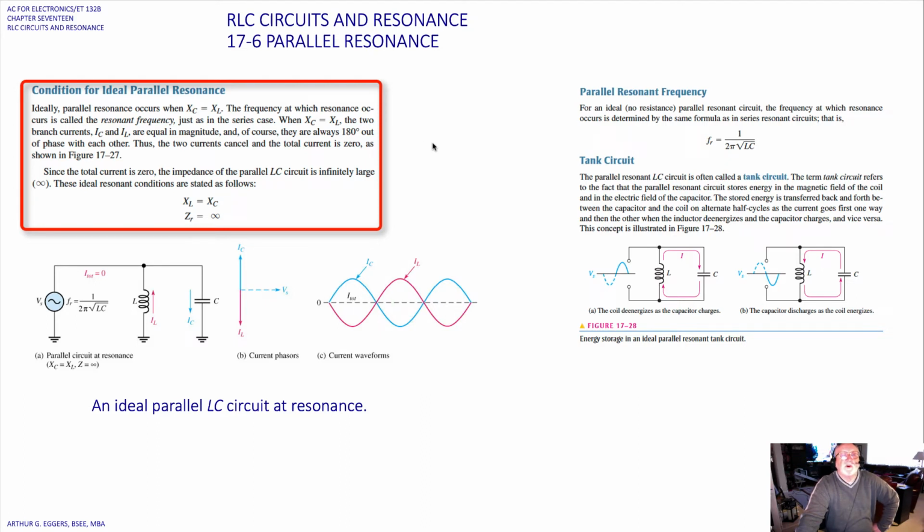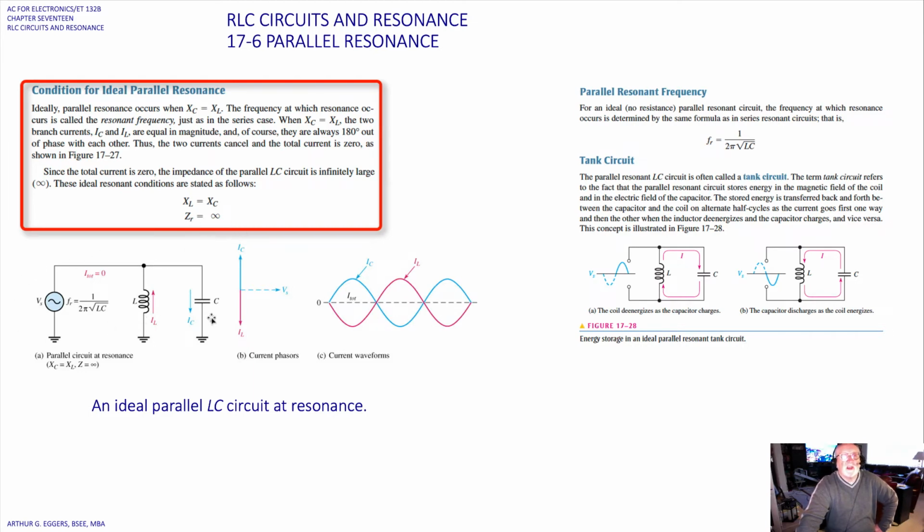Thus, the two currents cancel and the total current is 0. Since the total current is 0, the impedance of the parallel LC circuit is infinitely large. The ideal resonant conditions then are stated: X sub L equals X sub C, and the impedance goes to infinity.